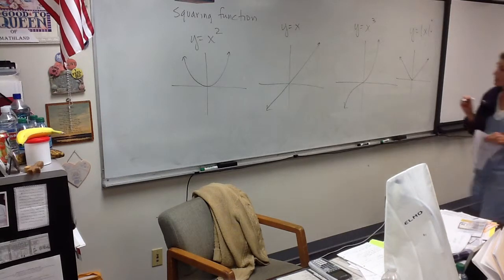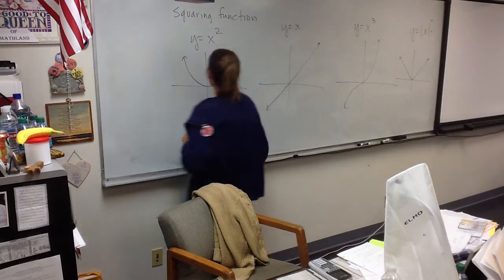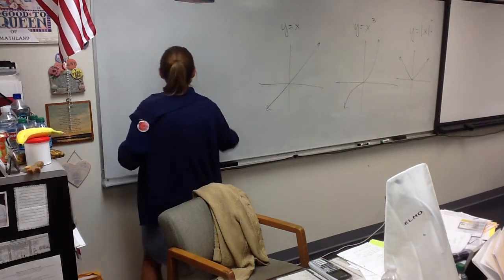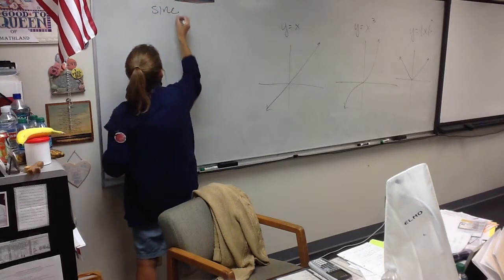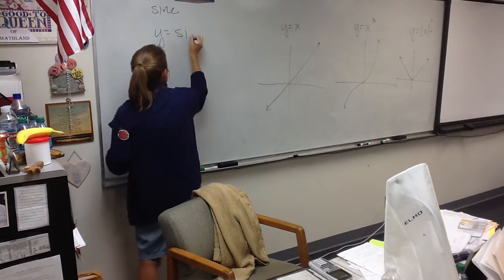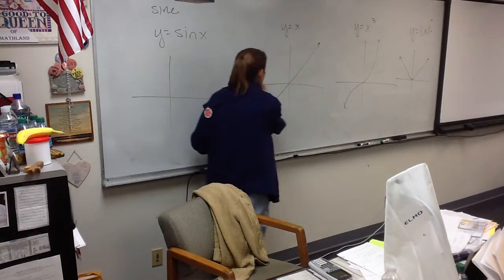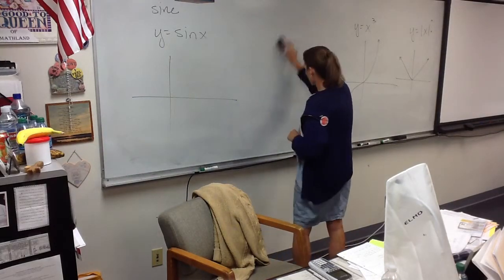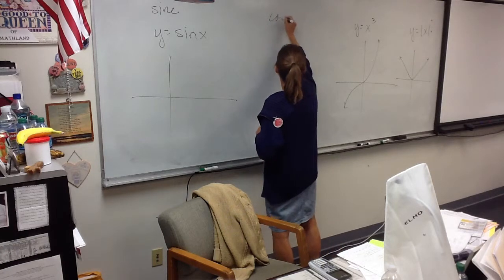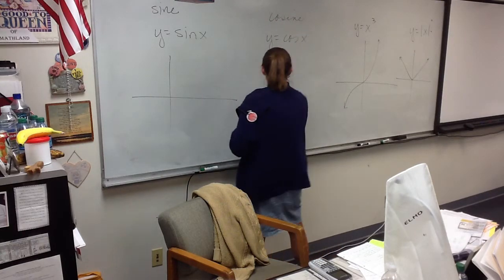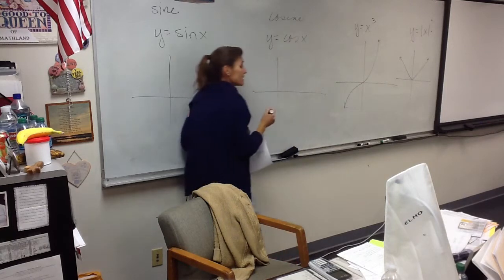So I want you to recognize that the sine and the cosine do indeed have exactly the same shape. Your sine function is going to be y equals sine x, and your cosine function is going to be y equals cosine x. And they have exactly the same shape.